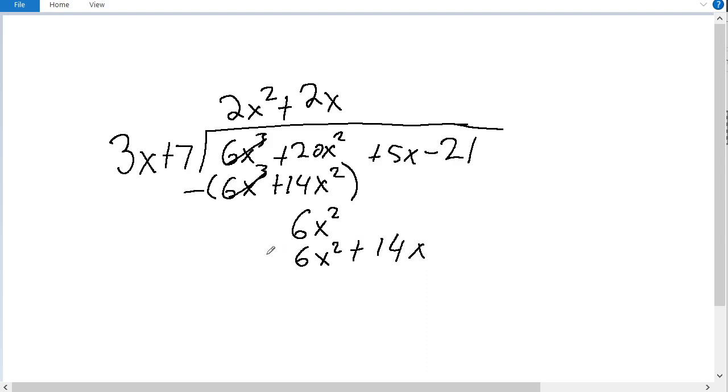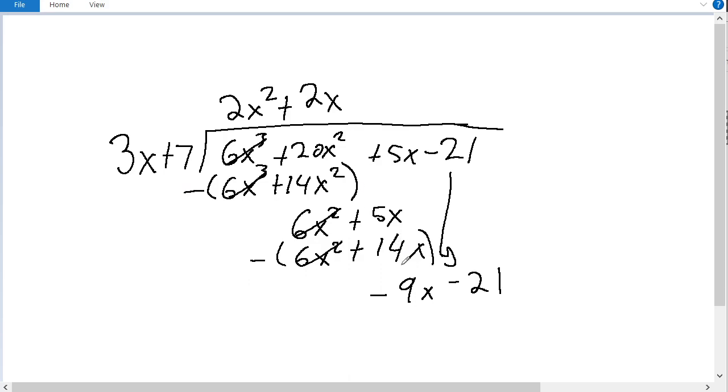And now I want to subtract that, and I'll take this 5x down so it's easier to see from my next term. So I'm subtracting. As always, these first terms will cancel out, and we're left with 5x minus 14x, which is simply negative 9x, minus 21, which I'm bringing down.